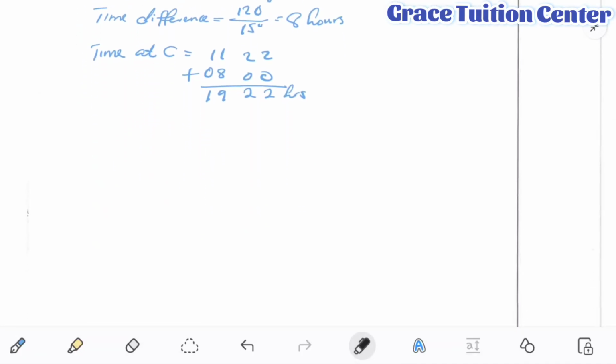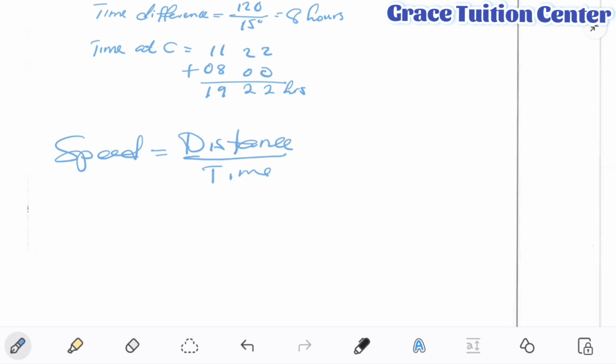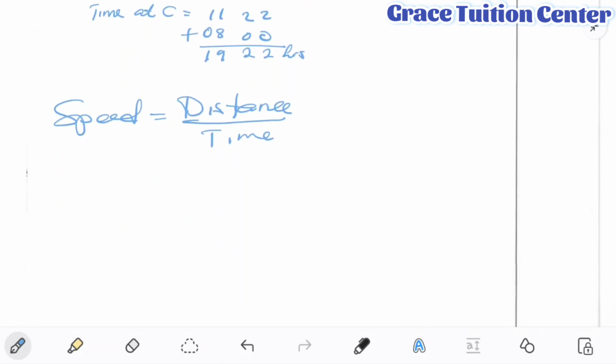So we can come here and write our formula. Speed is distance over time. So what is our distance?